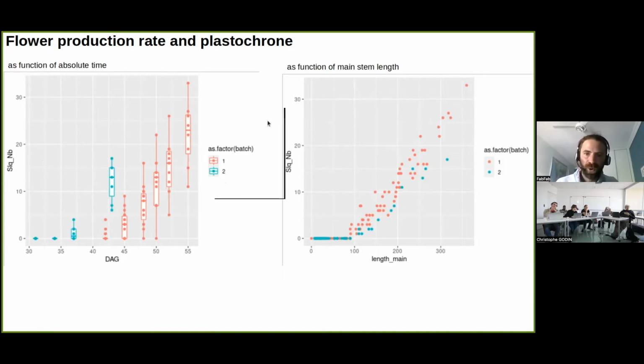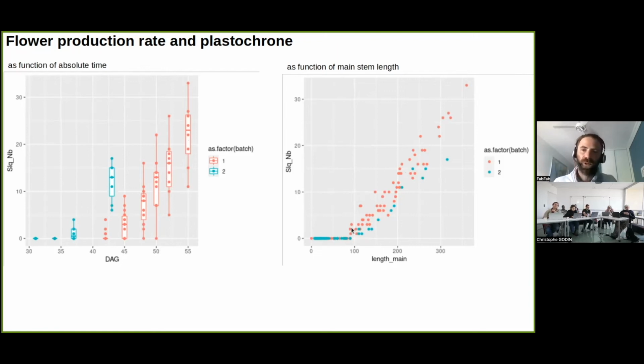And the interesting point here is that this number of flowers, or fruits, sorry, I counted them on the main stem. Okay, and DAG is days after germination, so that's the start of the experiment. And if instead of absolute time you plot the length of this main stem, you can see that there are then no longer differences between the two experimental batches. So the fact that this one is delayed is not an issue.